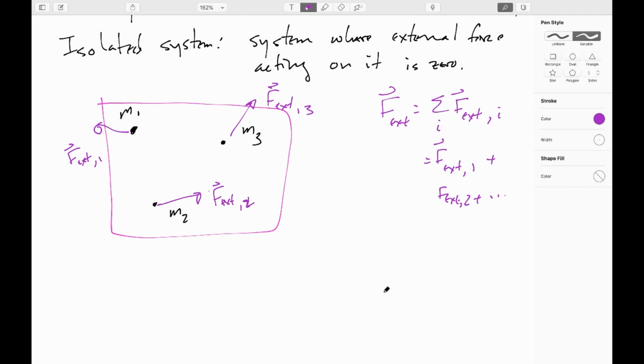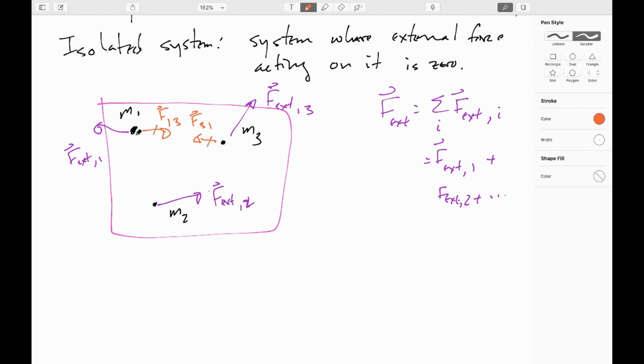What doesn't count are the internal forces. So for instance here, there might be some interaction between, this might be the force acting on particle 1 due to particle 3. This would be the force on particle 3 due to particle 1. That would be equal and opposite because they're an action-reaction pair.